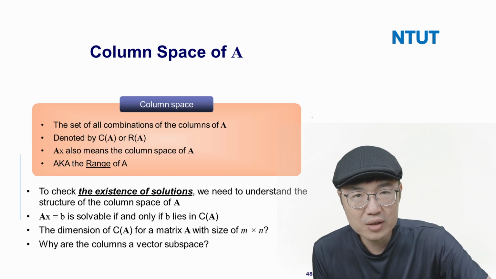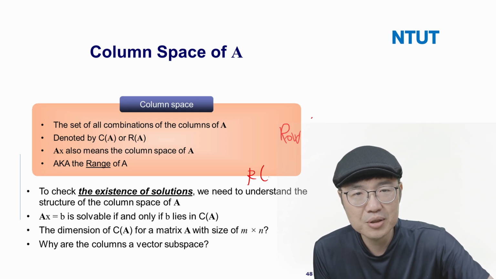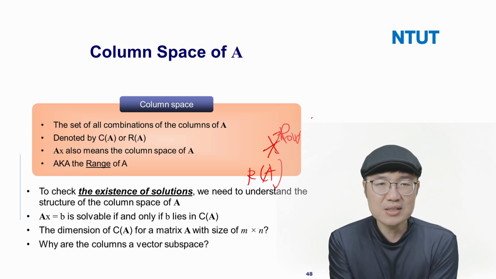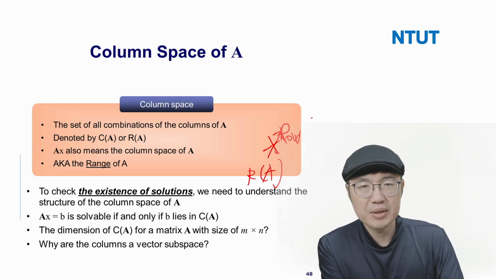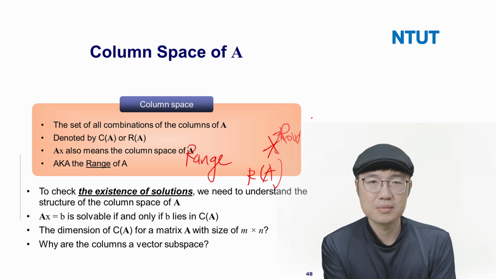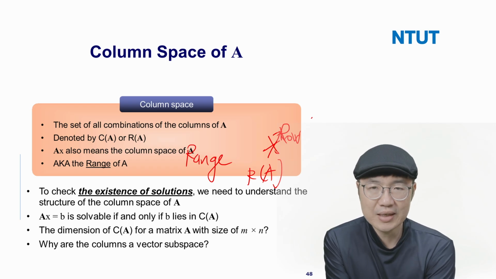So we already have something called row space, yet R(A) is not for row space. R(A) is also for column space because column space is also known as the range of A. So we use that letter R to denote the column space of A.